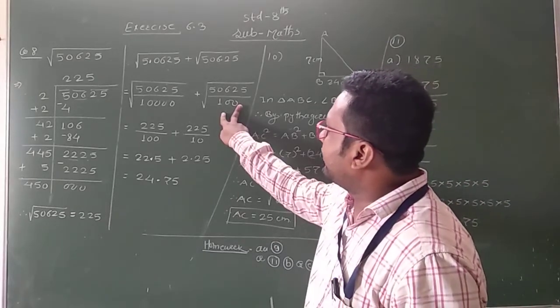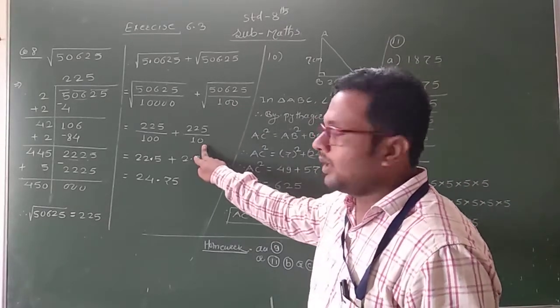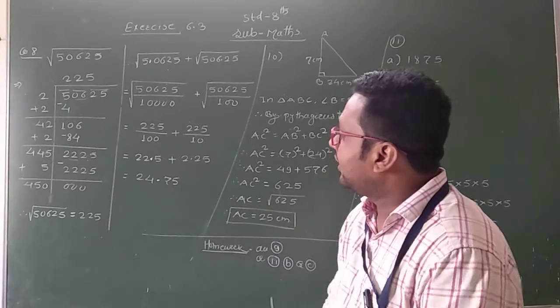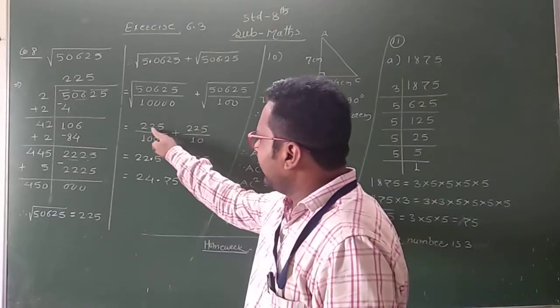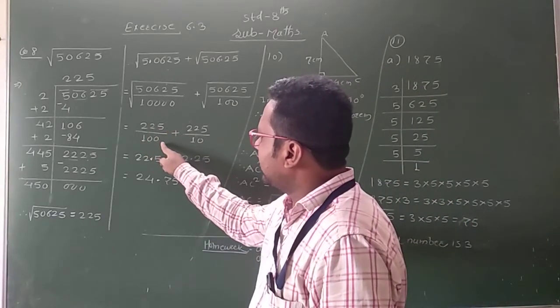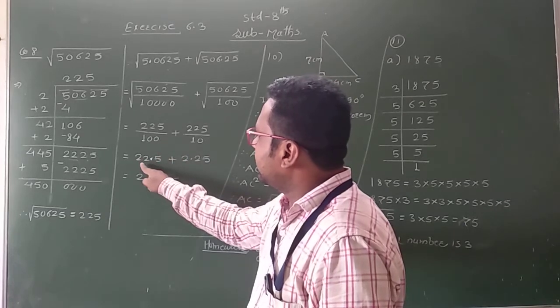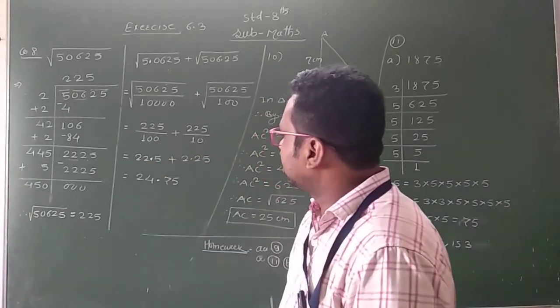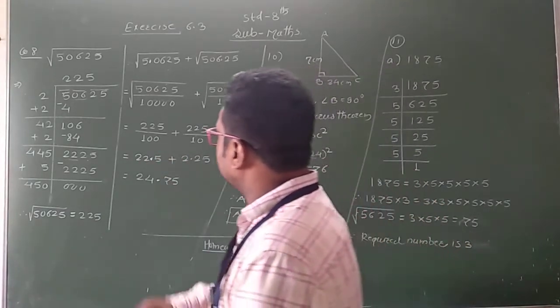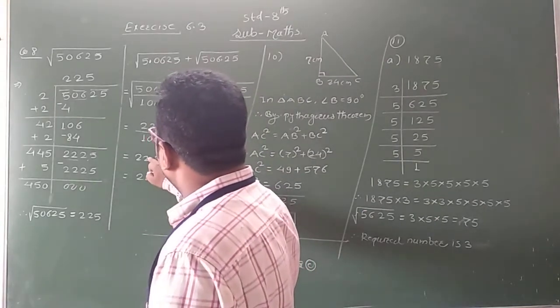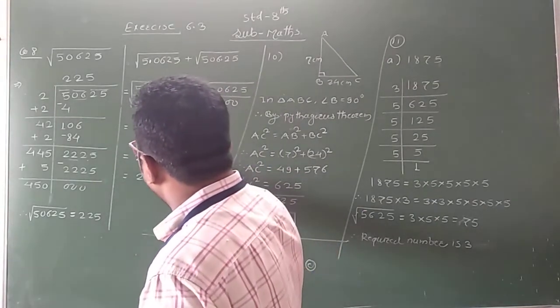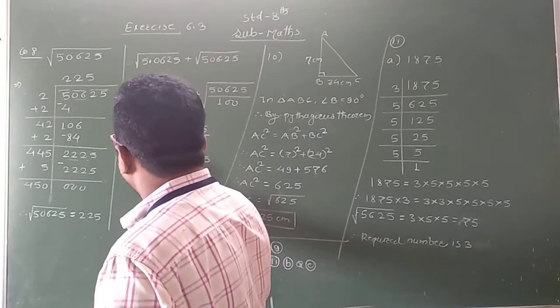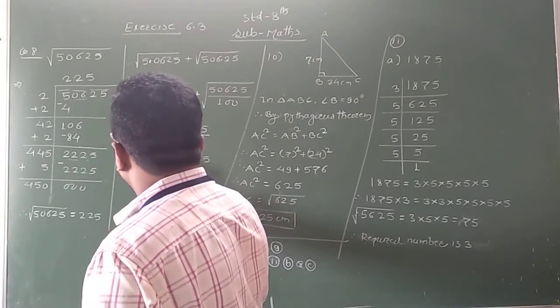Similarly, the square root of 100 is 10. Then 225 divided by 100 is equal to 2.25.